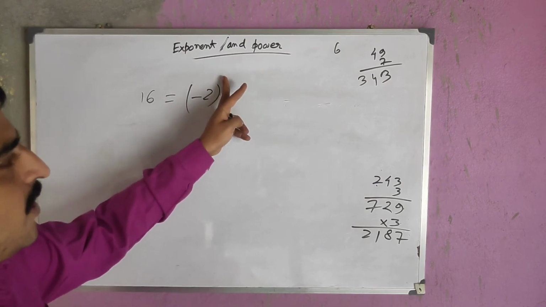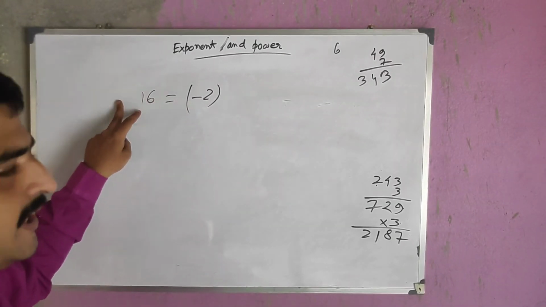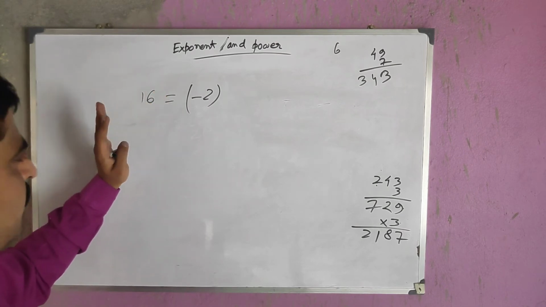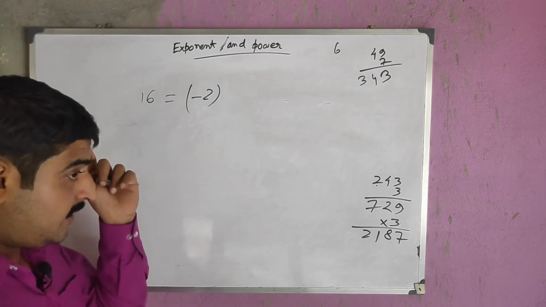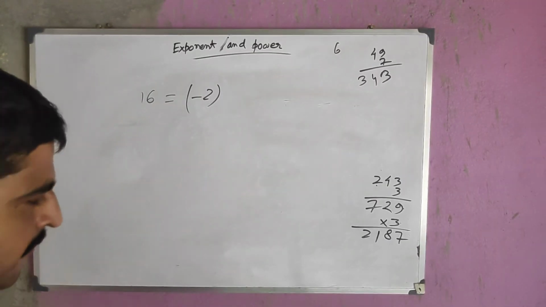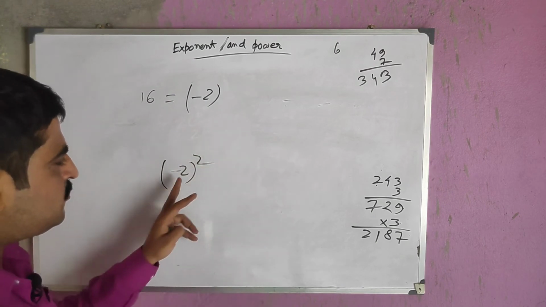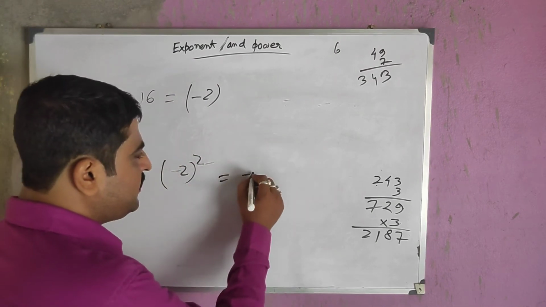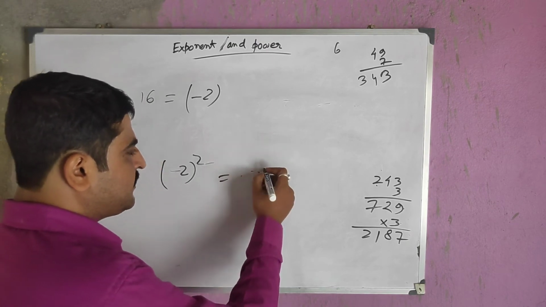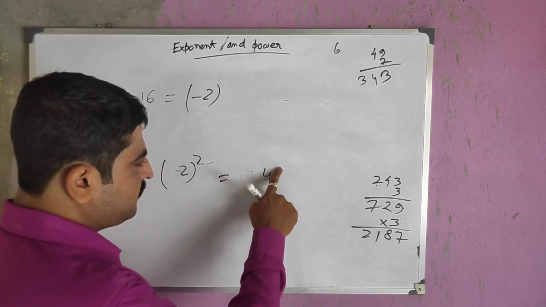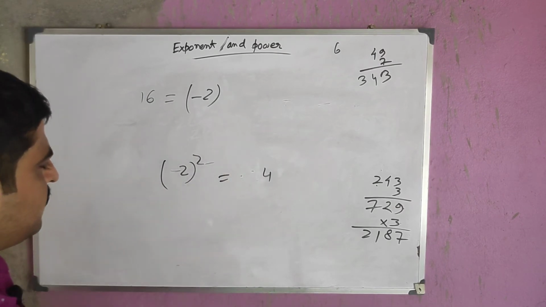So its power should be an even number, otherwise it will come negative. So as we have to bring a positive number, for that the power should be an even number. So let's try with an even number. Minus 2 to the power 2, so it will give us 4 only. Minus power has even number, so it will become plus, and 2 2s are 4.